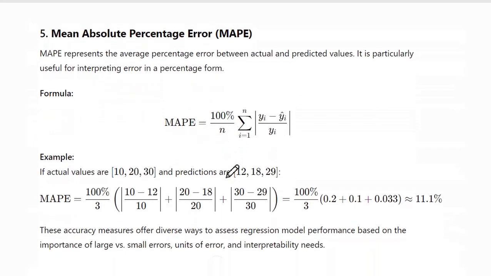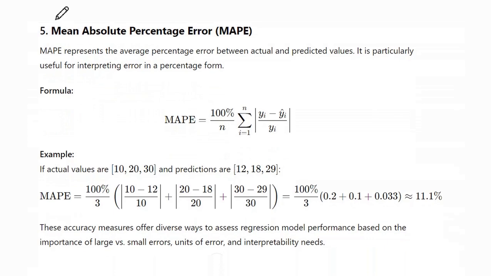Another metric to evaluate a regression algorithm is the mean absolute percentage error. The formula for mean absolute percentage error is 100 percent by n, where n is the number of observations, sigma i equal to 1 to n, (yi minus y hat) by yi, the actual value. So the actual values are 10, 20, 30.